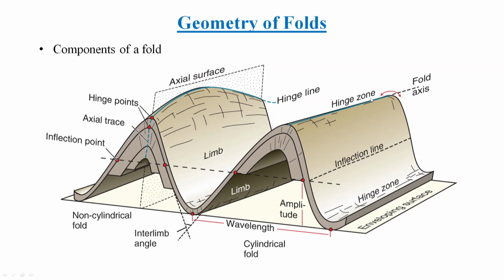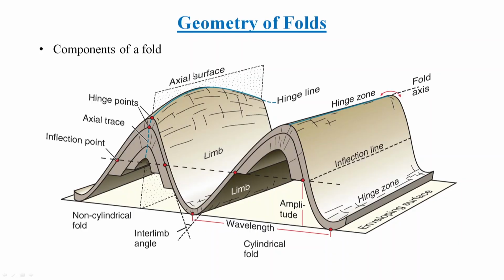Based on how the planar surface is oriented in space, whether it is sloping in some direction or dipping in the other direction, you can also classify folds based on the geographical orientation of the axial plane, as well as the three-dimensional orientation of the line. Both will help you to classify folds into subcategories.